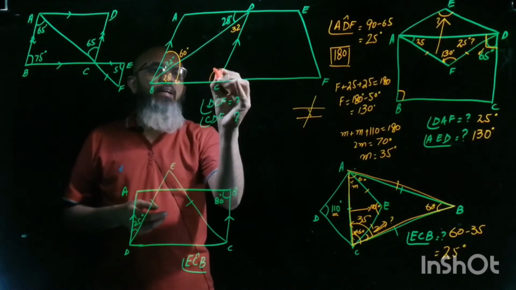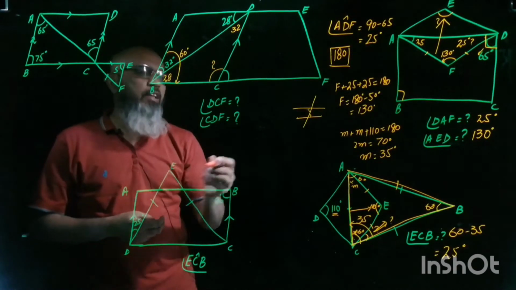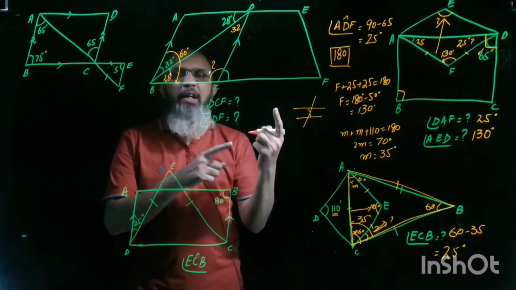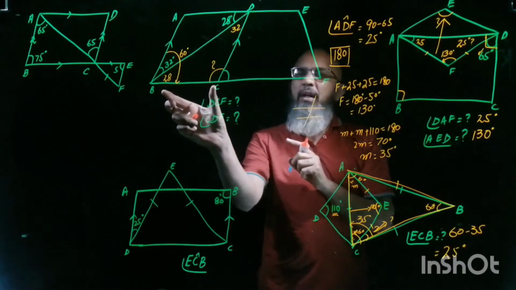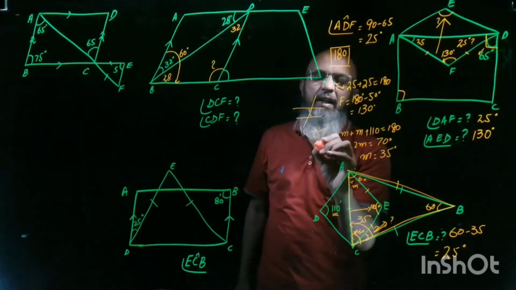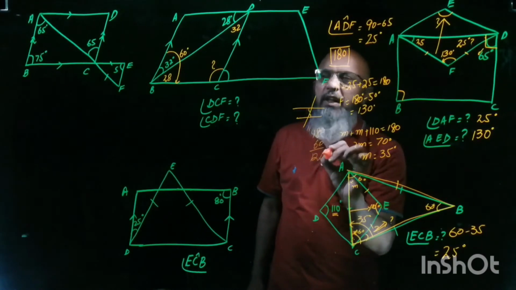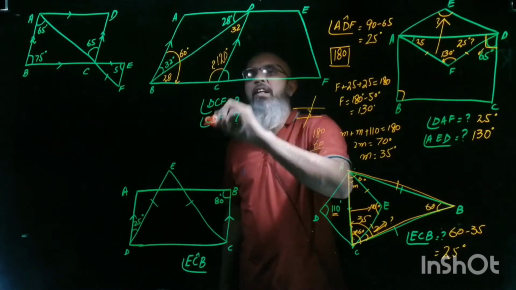So what will be this angle? We will subtract 60 from 180, as the sum of these two angles must be equal to 180. So by subtracting from 180 you will get your answer, that is 120 degrees. Means this angle is 120 degrees.